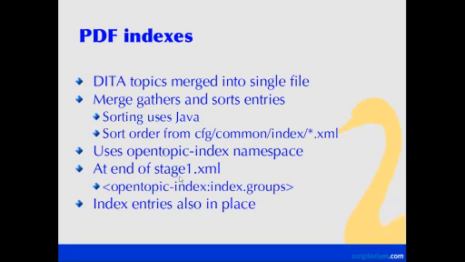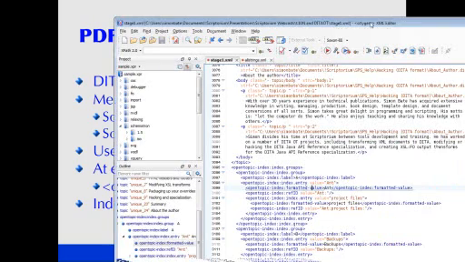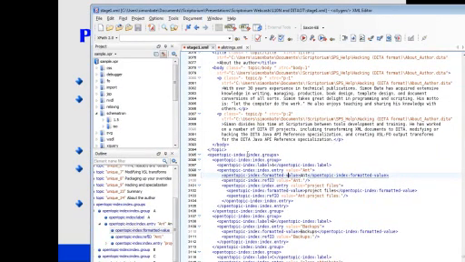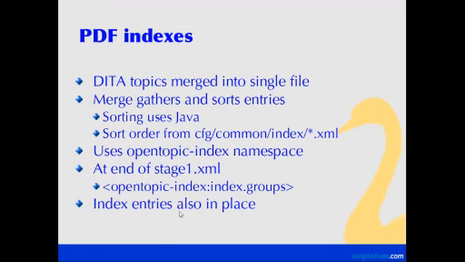Now, just to point out, all of these index elements, when they were sorted, it uses throughout this open topic index namespace. Now, the index entries that are here actually also appear in place in the text. So if you search the file, you'll see where that index term was originally referenced.